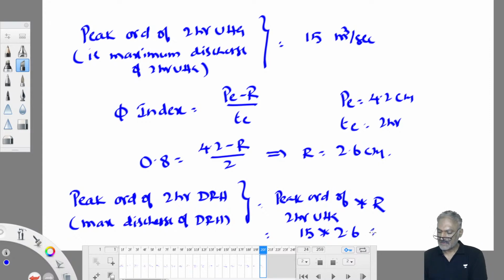Can work out. 39 meter cube per second. Very good.